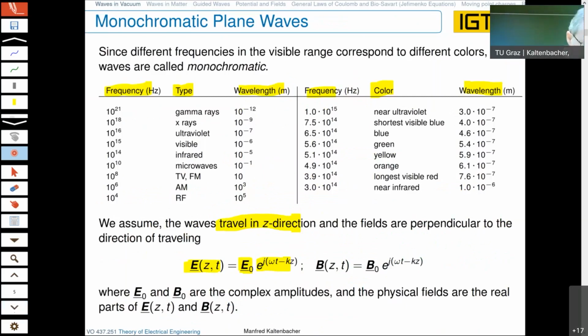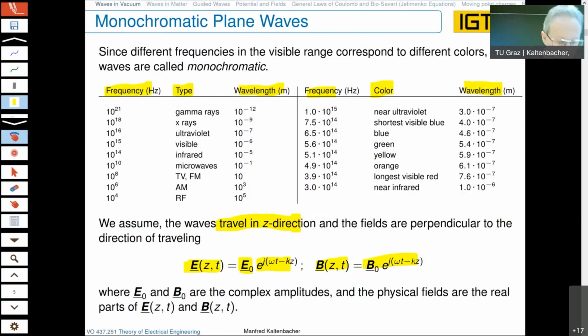And the same ansatz clearly we will do here for the magnetic field. So they will have a constant amplitude, and we will see the amplitude will be really constant. It will change when we have lossy material, which we will also discuss.